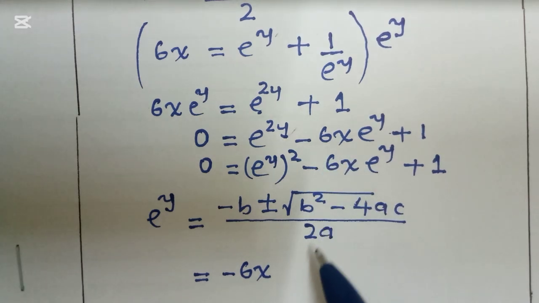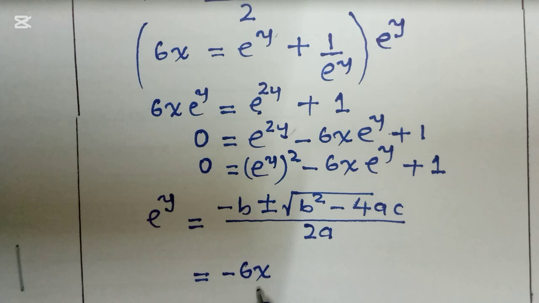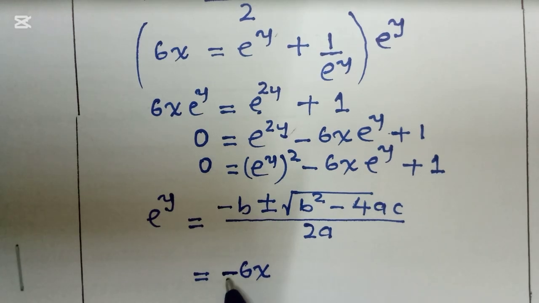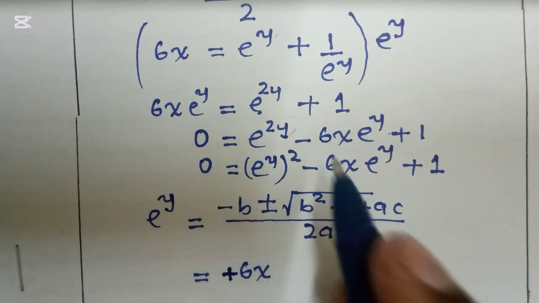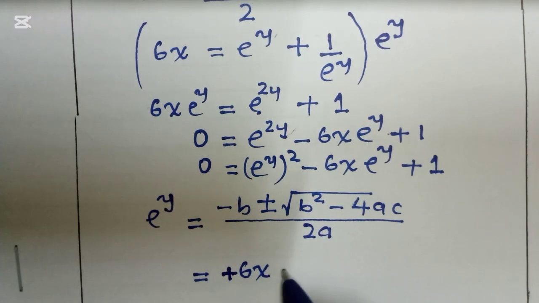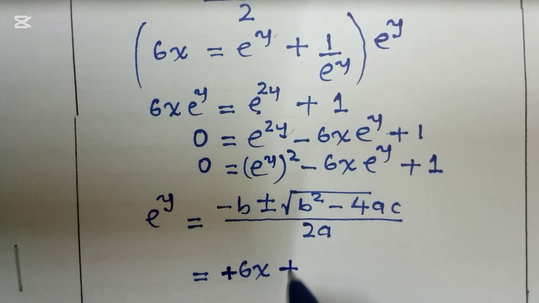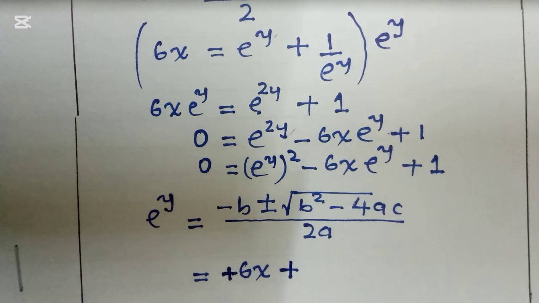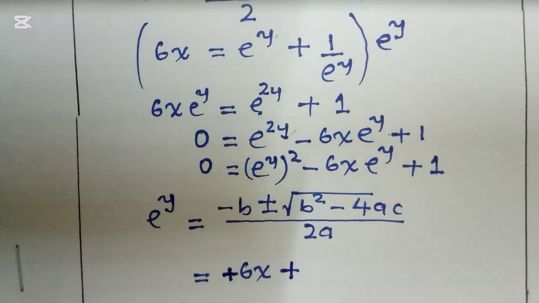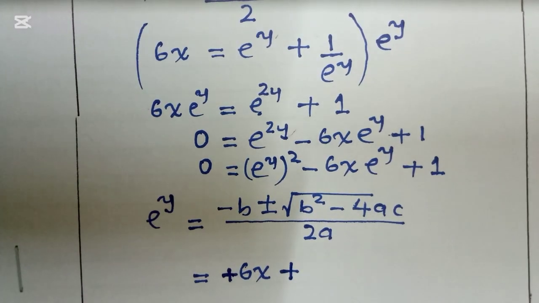So that is going to be plus 6x, because here we have a minus. Then here, guys, I'm going to write plus. I will not write negative, but I will explain to you later as I come close to the question. I will tell you the reason why I have not included negative.